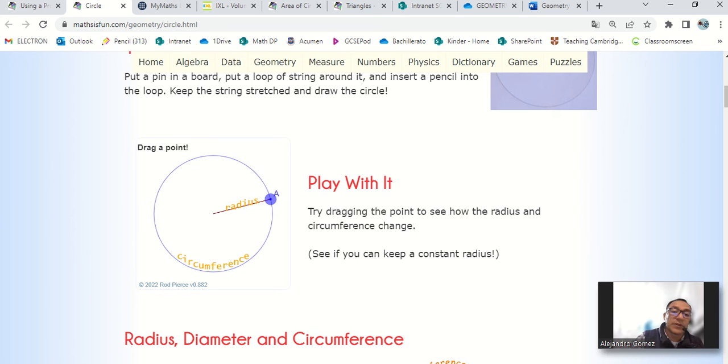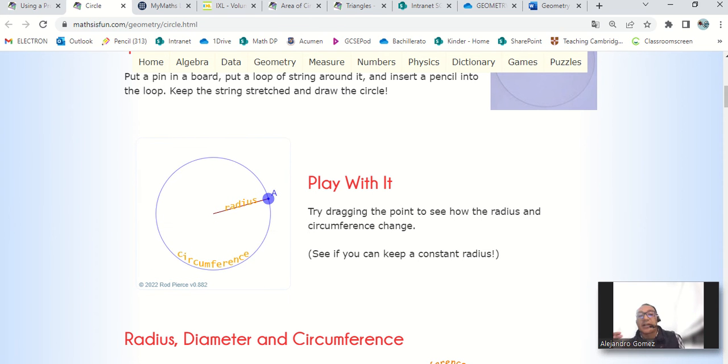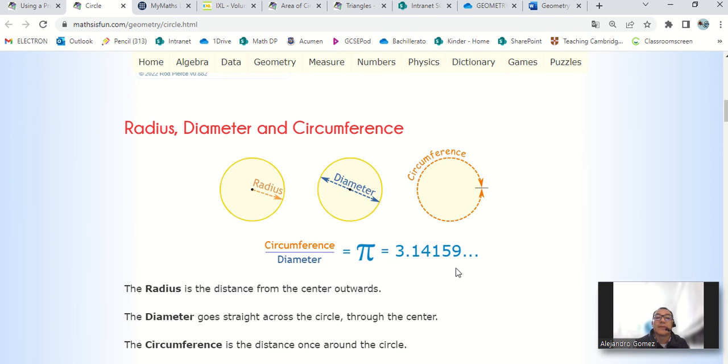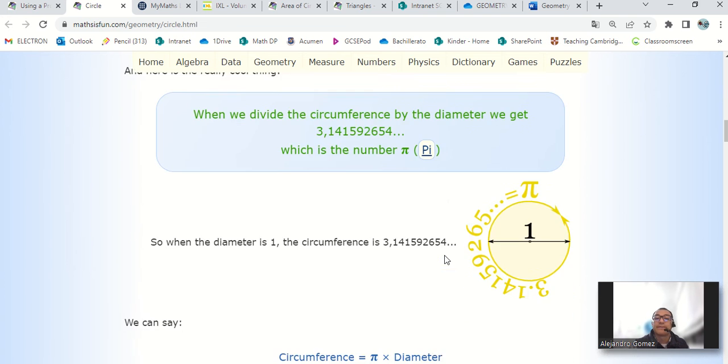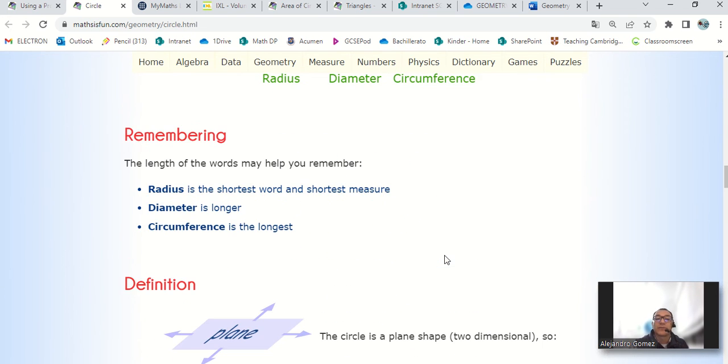And look, the radius is going to change, and so does the circumference, as you make it greater or smaller. So radius has a direct connection with the circumference distance. And that is what they explain here. Look, they talk about pi. They explain what's going on there. So it is nice.